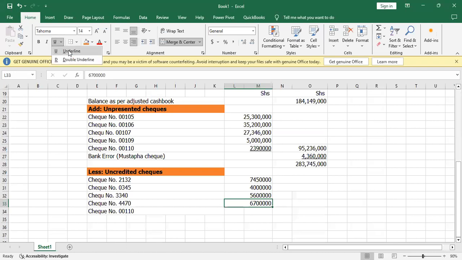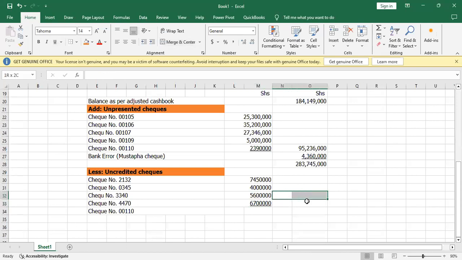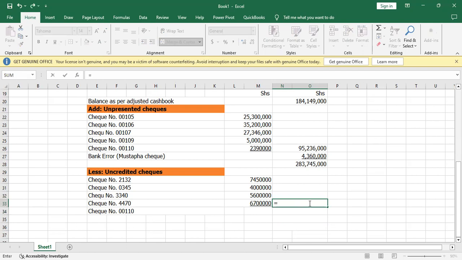I try to add these. When you add these, they give us how much?